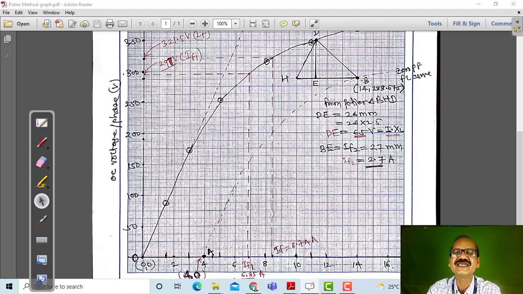So from point B, draw BH equal to 4 centimeter parallel to the x-axis. From point H, draw line HD parallel to the tangent line OL. Then join D to B. In this way we have obtained the Potier triangle BHD.